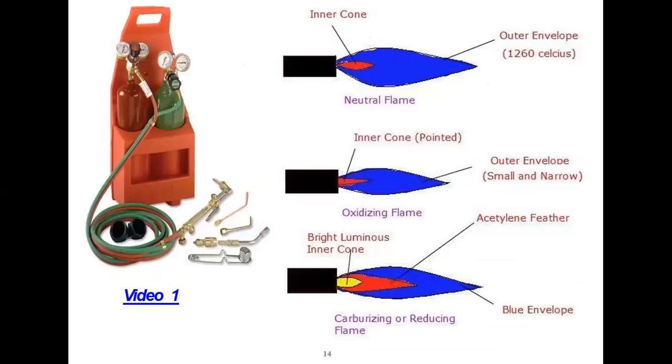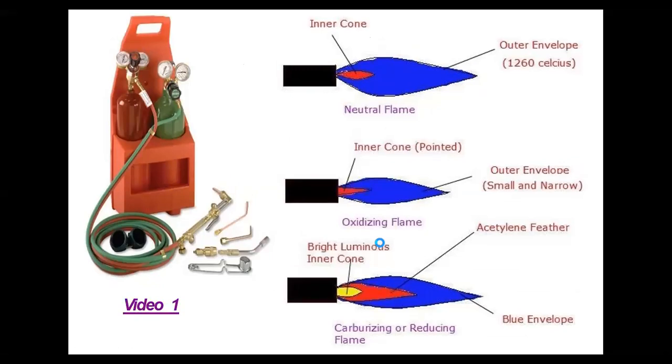In this type of welding, I want to show you one small video of gas welding. Please wait. There are mainly two parts we can see in this video. We are trying to join the edges.